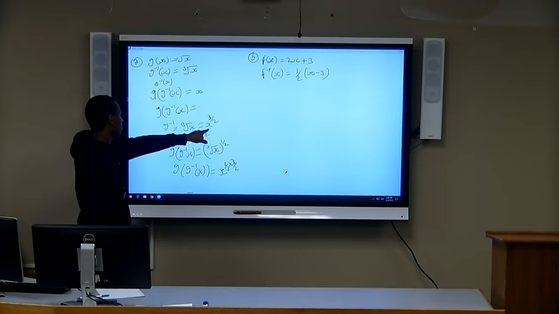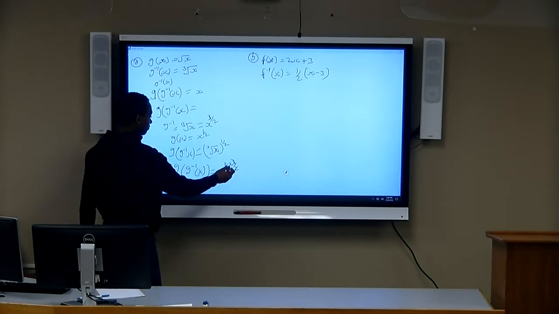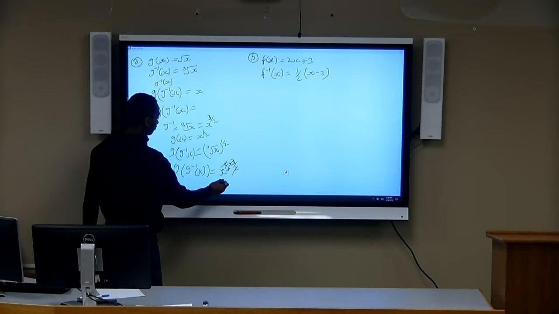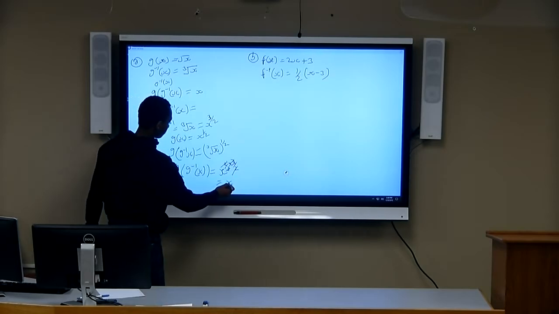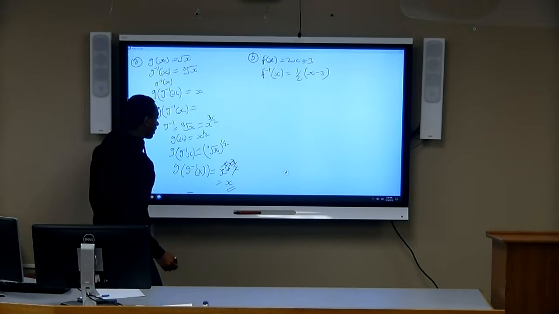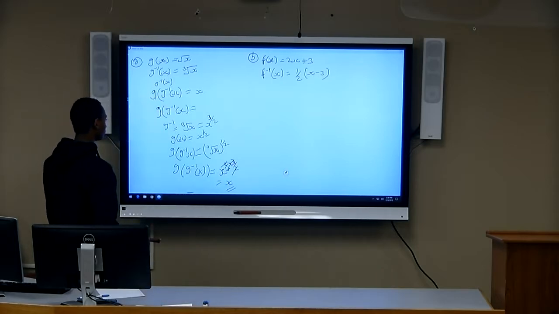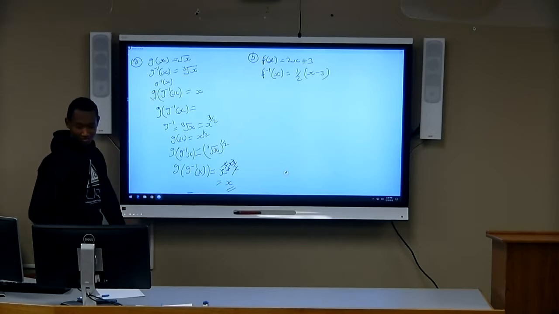It's supposed to be 3 over 2. So this thing is going to cancel, and this thing is going to cancel. So this is going to be equal to x. I don't think that's right.